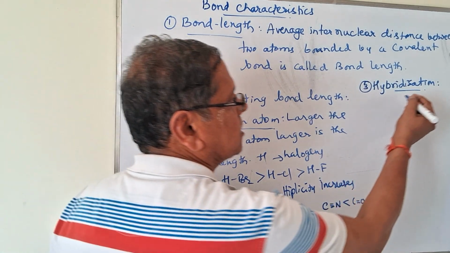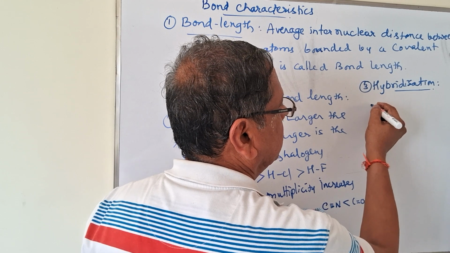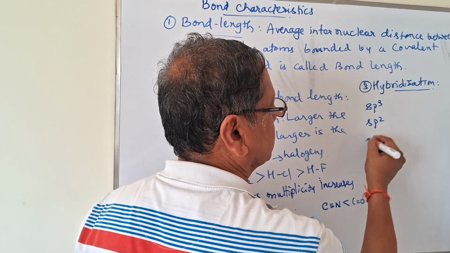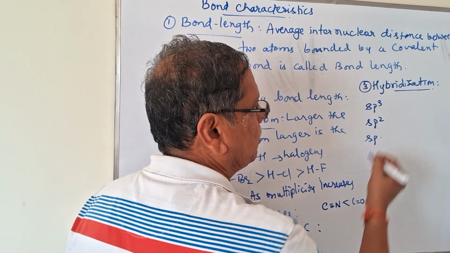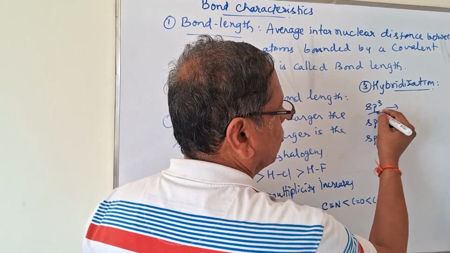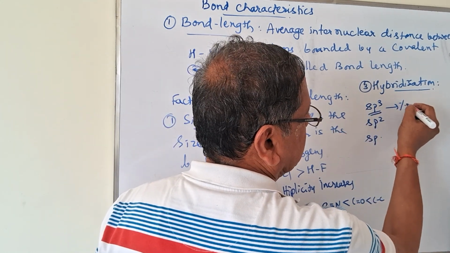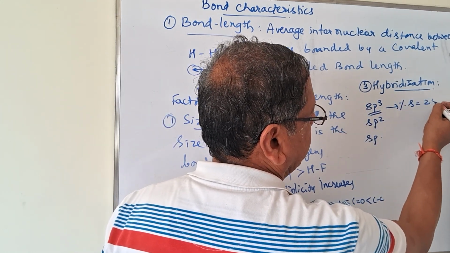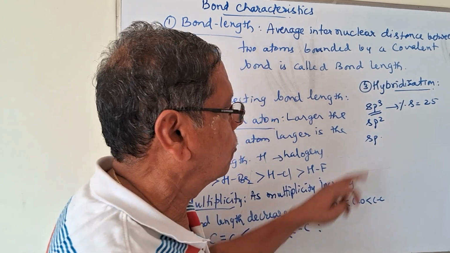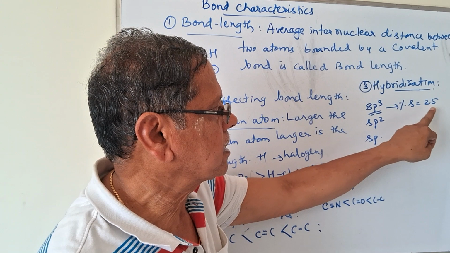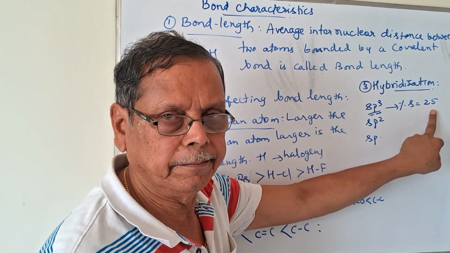But first remember, out of the 4 orbitals in sp3, 1 orbital is s. That's why the percentage of s character is 25.